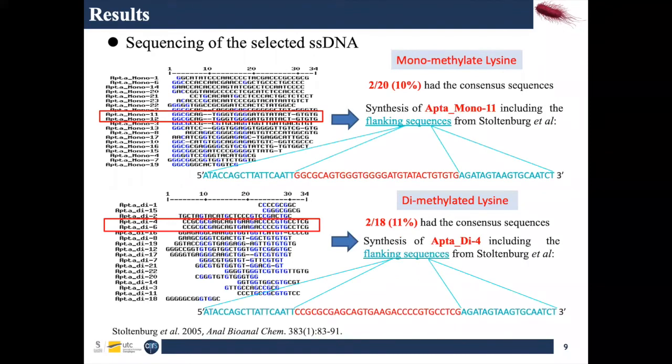Finally, we also synthesized the high redundancy sequences, including the flanking sequences, named Aptamono 11 and Apta-D4. The sequences shown here in the same color code are the high redundancy sequences, and all these selected aptamers will be used for our further characterization analysis.